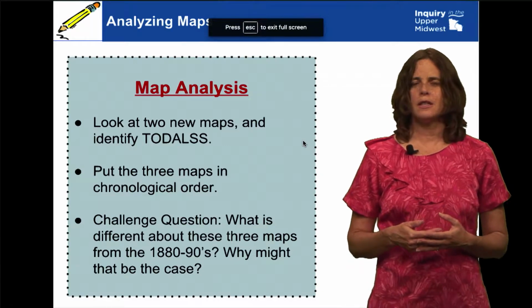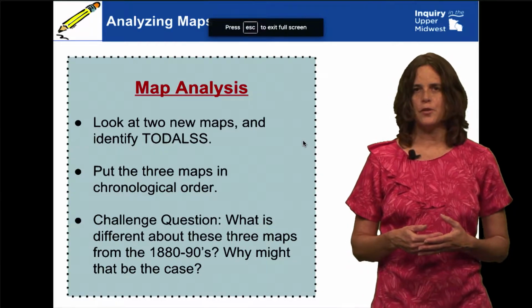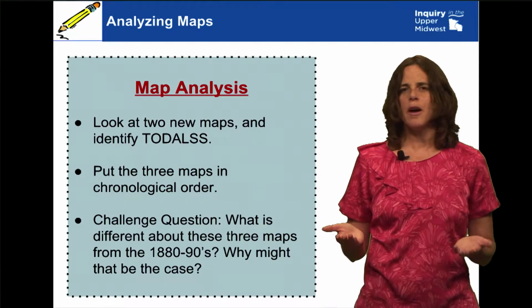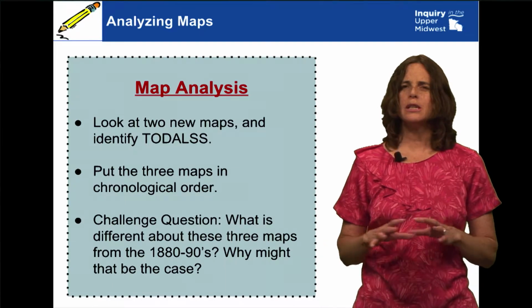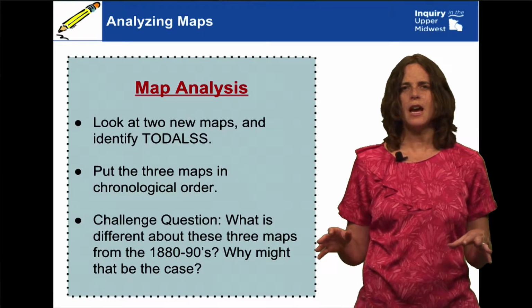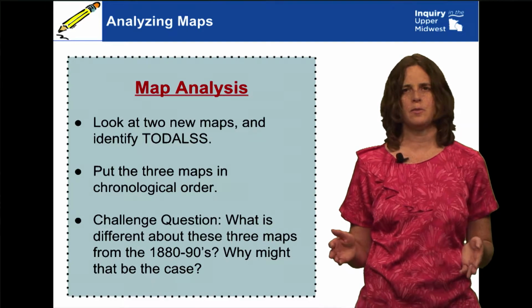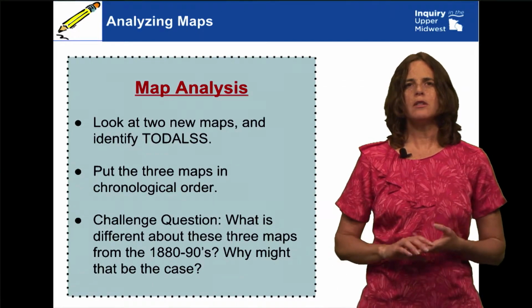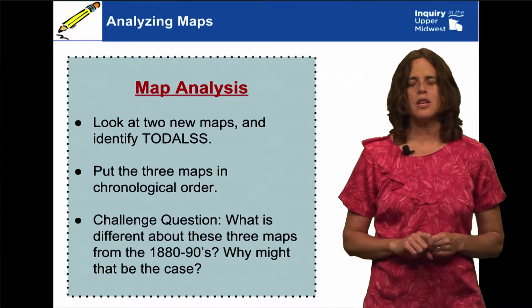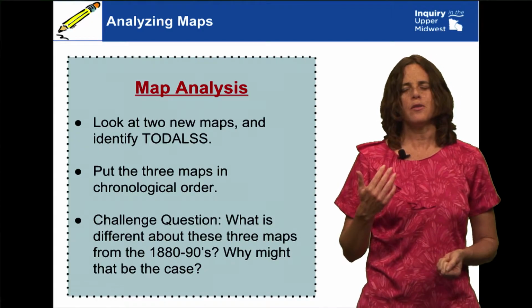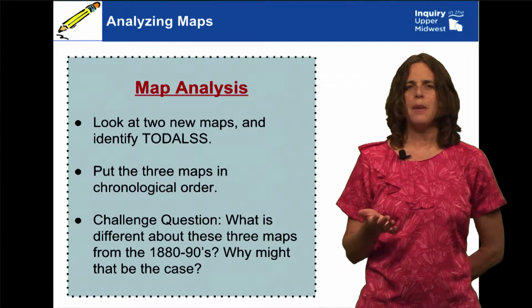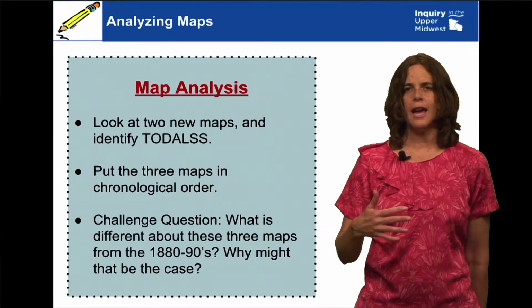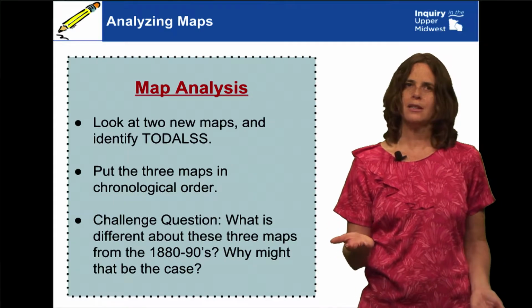Now that we've looked at this map and read this one as a geographer, you can layer some other maps with this map to really broaden students' understanding of the time period and bring in other perspectives. So here are some challenge questions that you could add on. So you could first of all start with some maps and do the same process we just did, have the students read the map, get to know the basics.